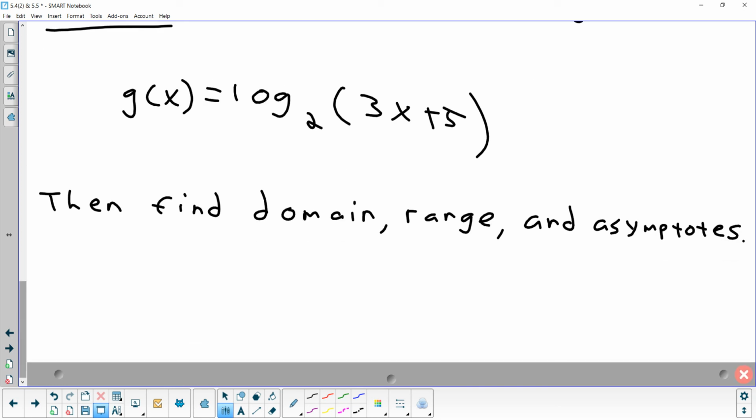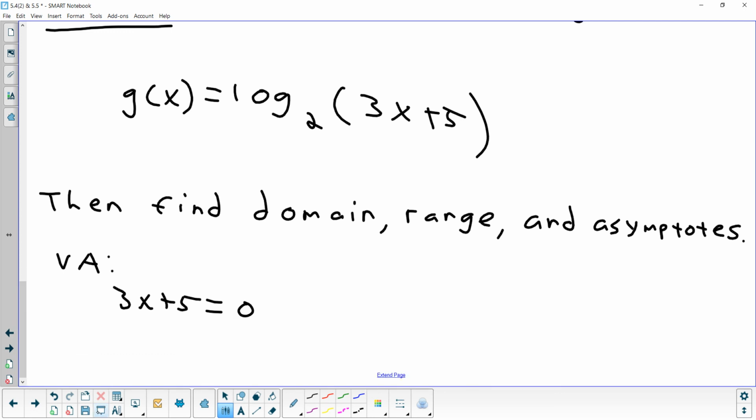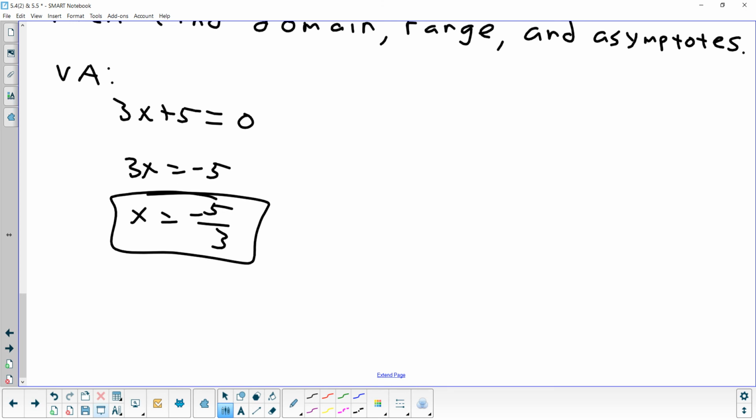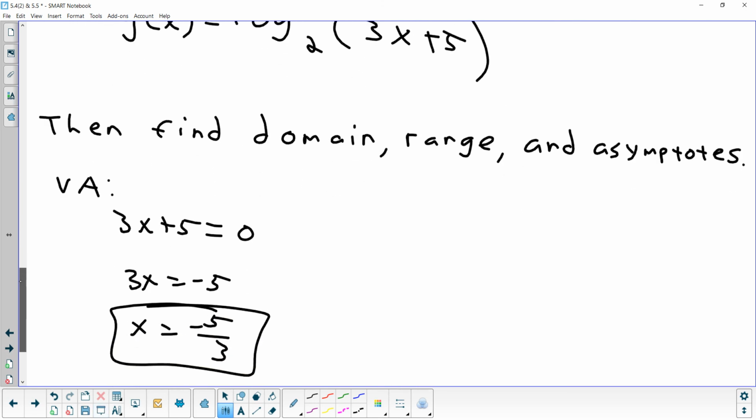And that's probably something I would find right away because I'm going to use that for my graph. Find out what you would have to plug in to make the argument 0. That's your vertical asymptote. So vertical asymptote is x equals -5/3.